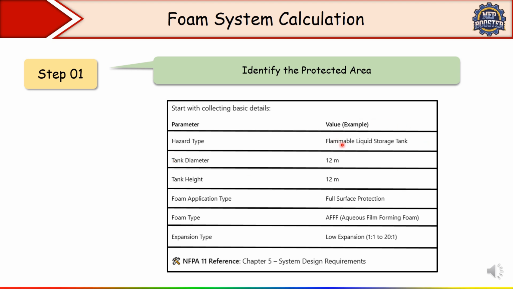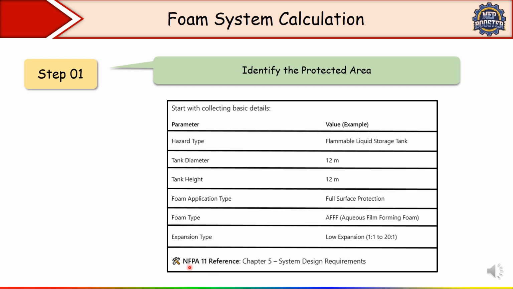Let's say I am assuming it is a flammable liquid storage tank, for example. So first you need to collect the basic details: hazard type, tank diameter, tank height, foam application type, foam type, and the expansion type, correct?